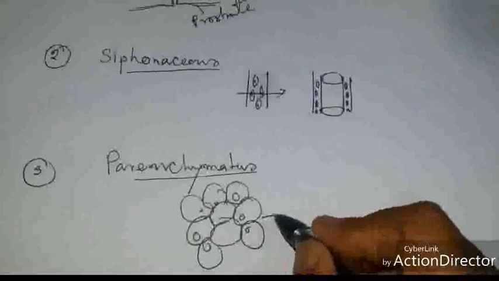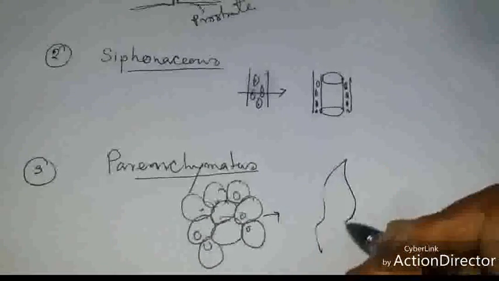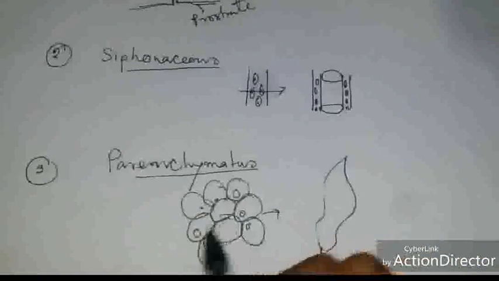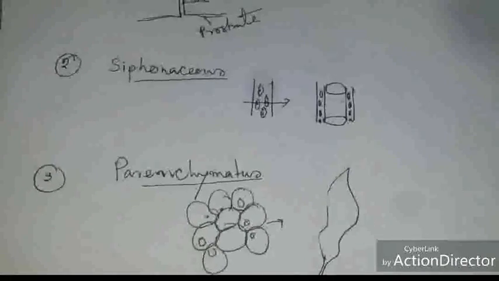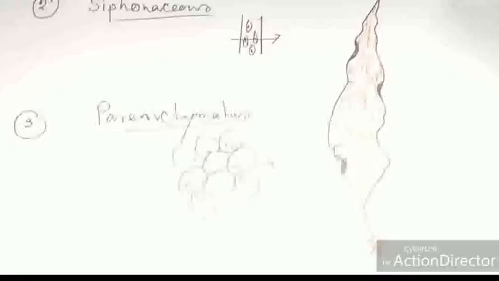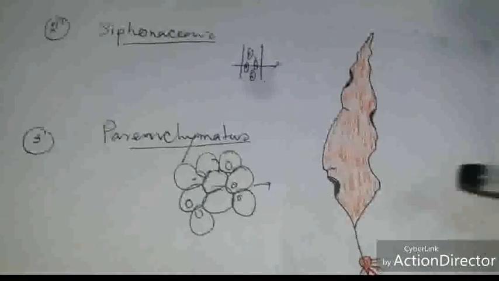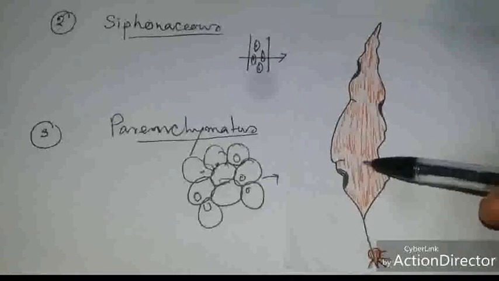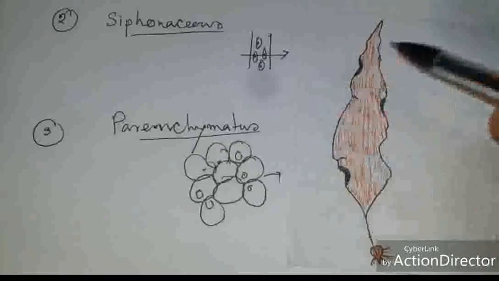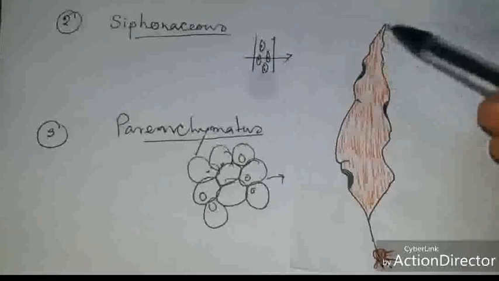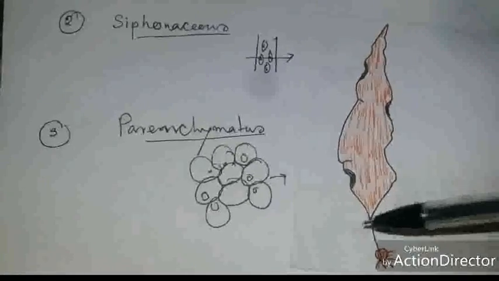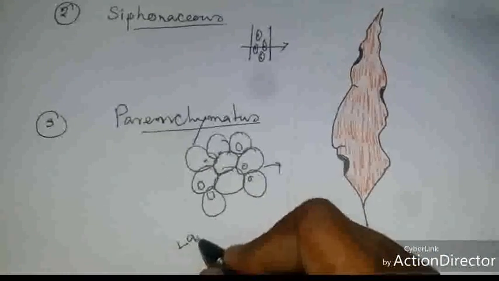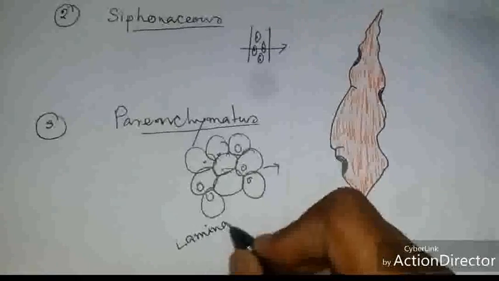So it makes a foliage like thallus body. It is parenchymatous. An example of parenchymatous thallus is Laminaria. Here the parenchymatous cells divide multidirectionally and form a foliage like shape. So it is an example of parenchymatous algae which is Laminaria.